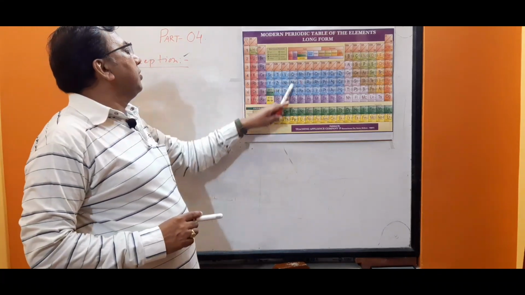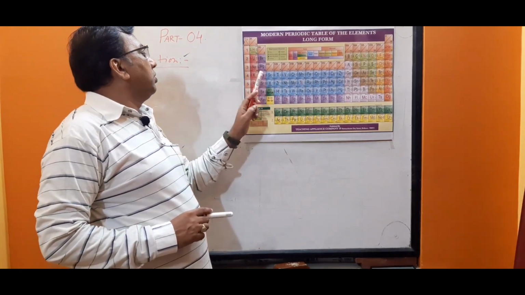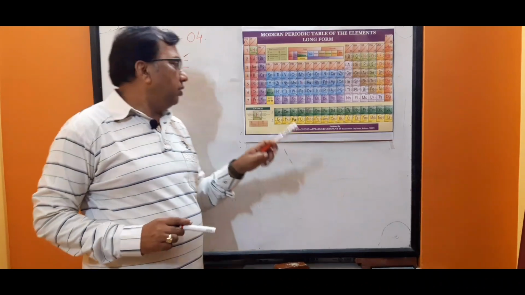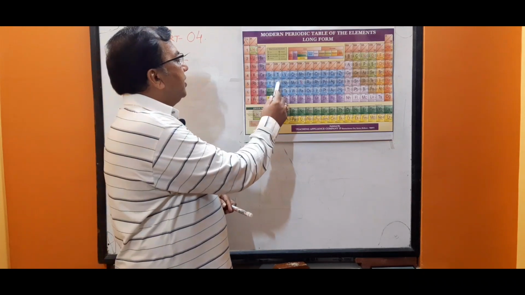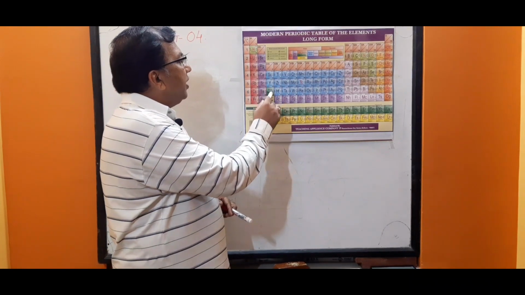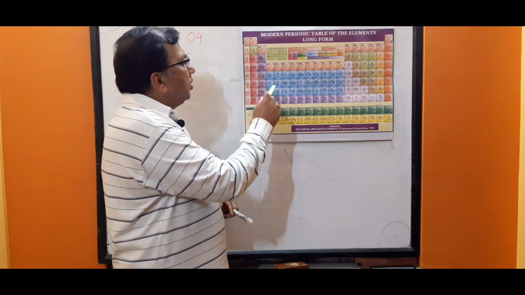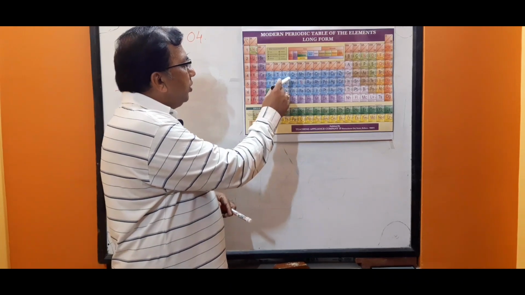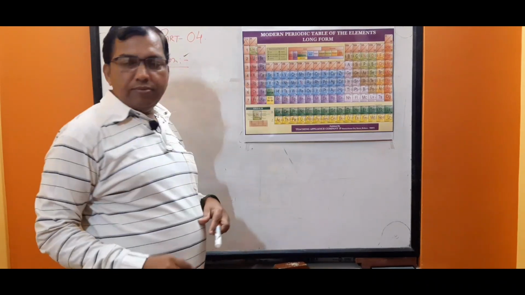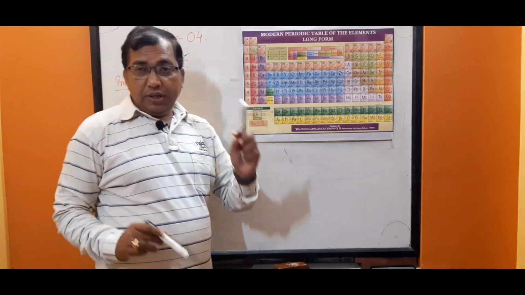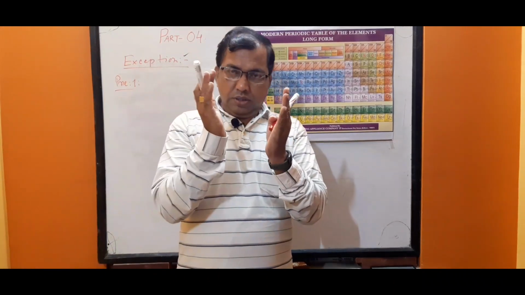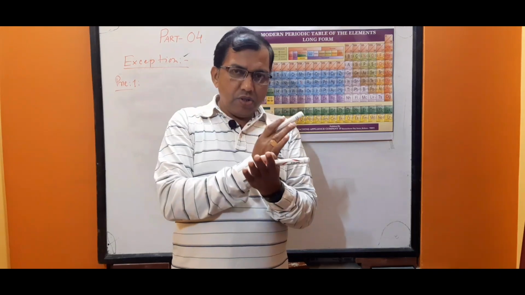What do we see in this group of 3d, 4d and 5d series? Scandium, yttrium and lanthanum, titanium, zirconium and hafnium, and vanadium, niobium and tantalum. In this case you observe an important exception: scandium 21, titanium 22, vanadium 23.